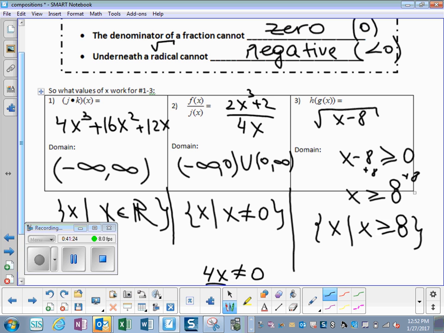I'm adding 8 to both sides. Right, so x minus 8 must be non-negative, so plus 8 on both sides, x is greater than or equal to 8. That's what I want to include.